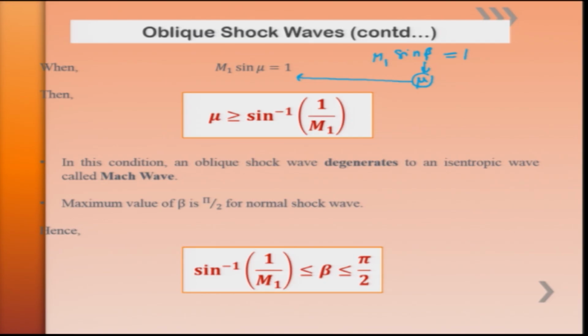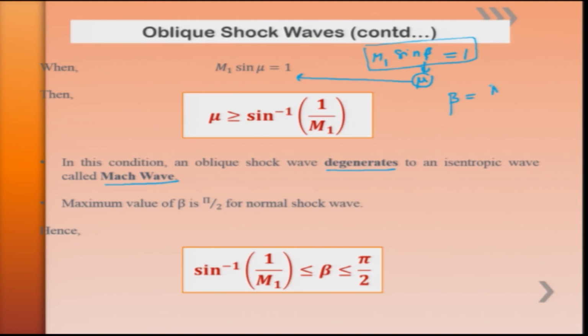That is the case when the normal component of the Mach number is just equal to 1, and then an oblique shock degenerates into a wave called a Mach wave. That means the minimum wave angle which is possible in a compressible flow is nothing but sine inverse of 1 upon M1.